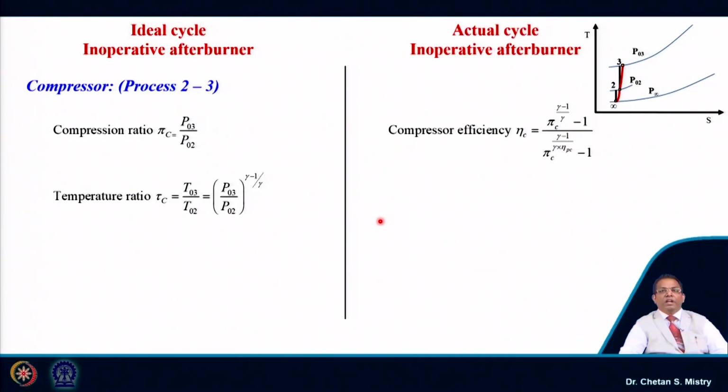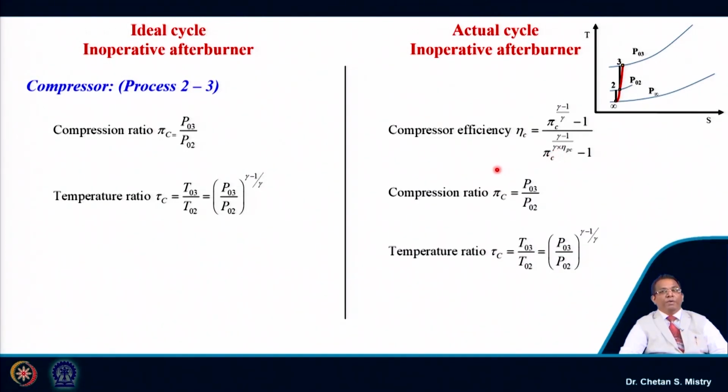In actual conditions we introduce the parameter called compressor efficiency, which is a function of my compression ratio and polytropic efficiency. Based on that we can calculate my outlet pressure and my outlet temperature.